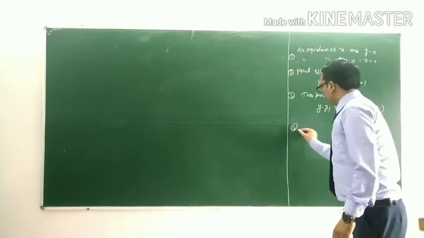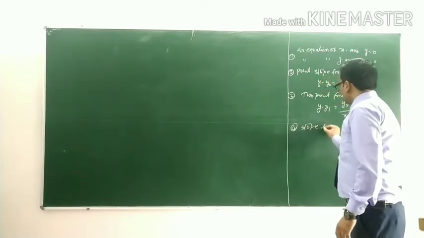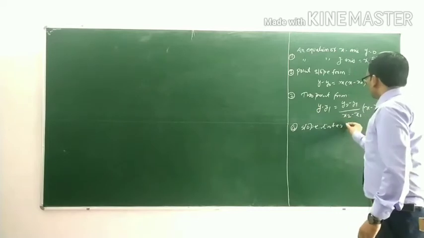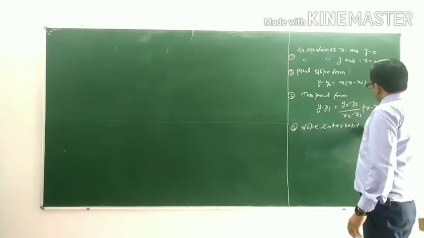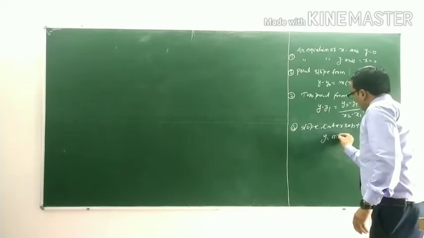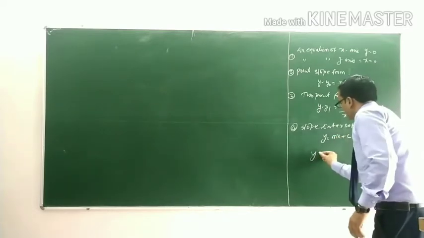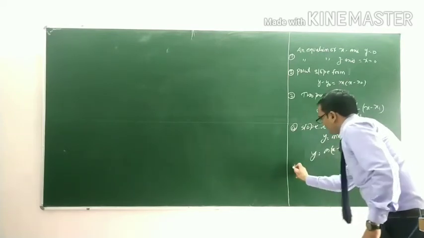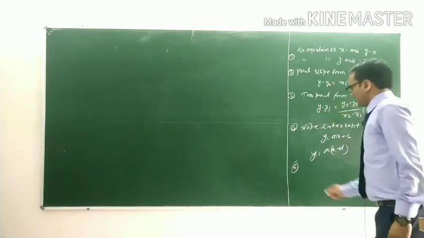The fourth is the slope intercept form, y equal to mx plus c, and y equal to mx minus d.